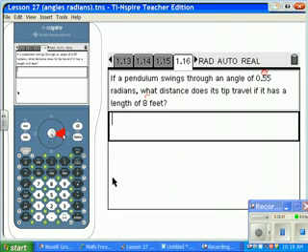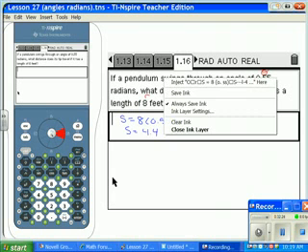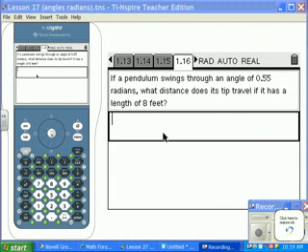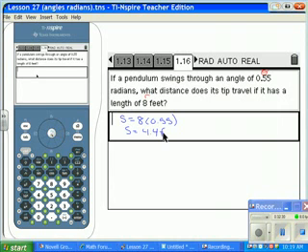All right, I want you to solve for S for me, arc length for me. Troy, can you set it up for me? Okay, and what'd you get? 4.4 units. Feet.